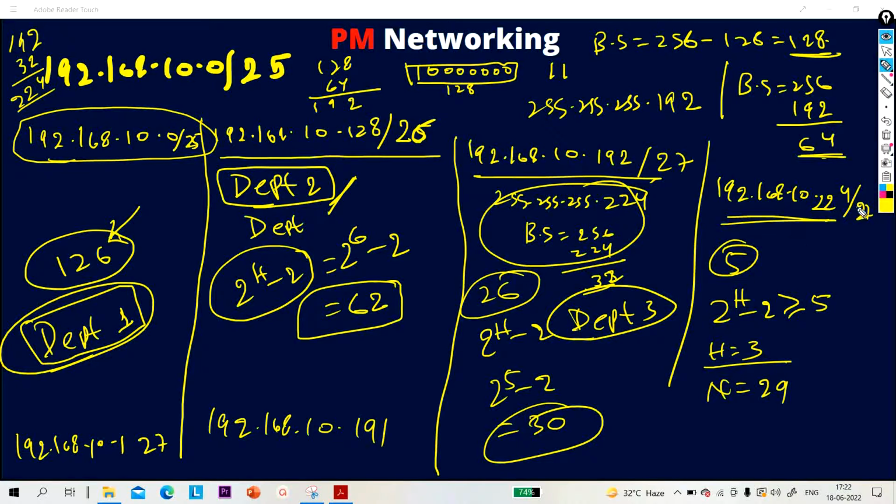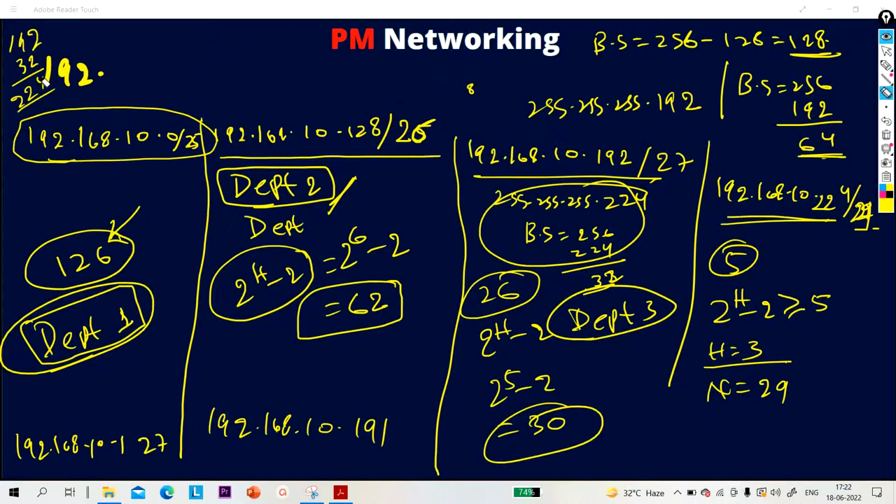So here you can use /29 to reduce the wastage of IP addresses in department 4, right? So 192.168.10.224 /29 is fine for department 4.